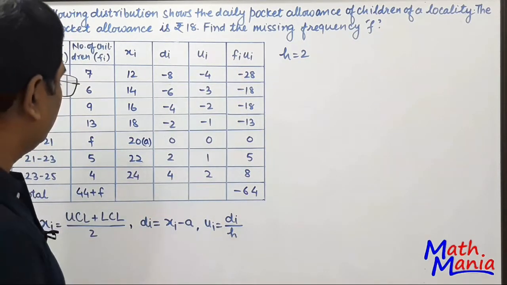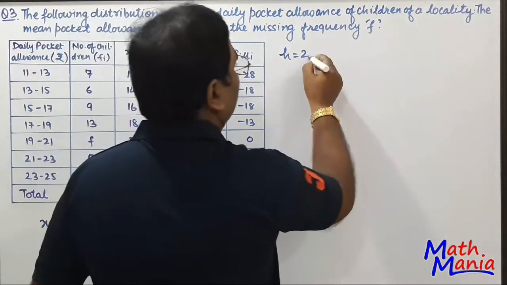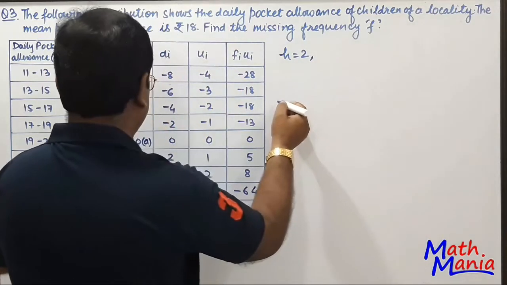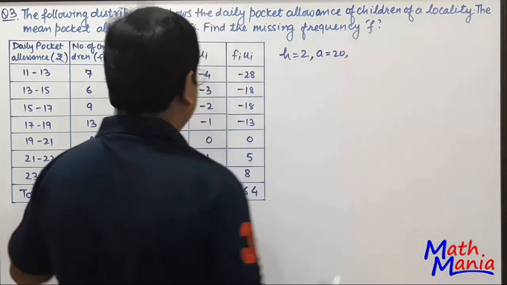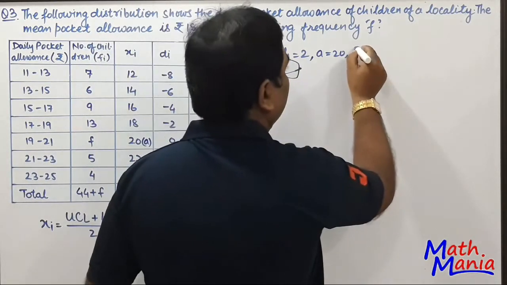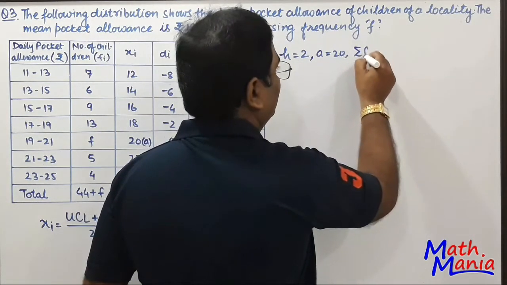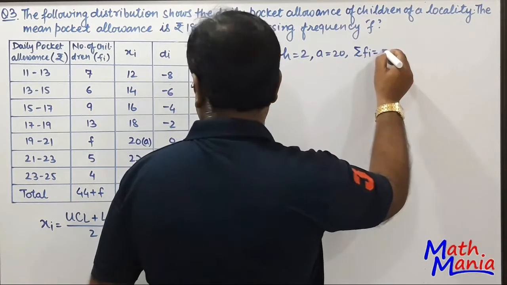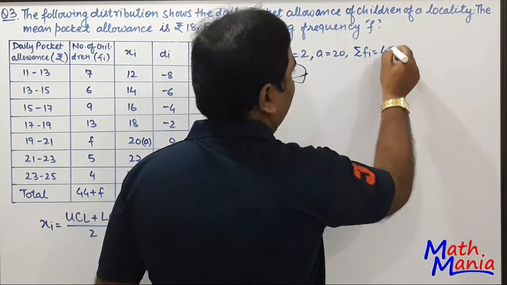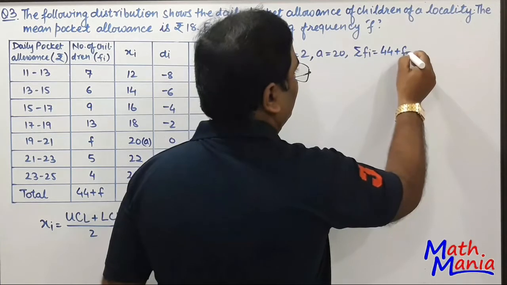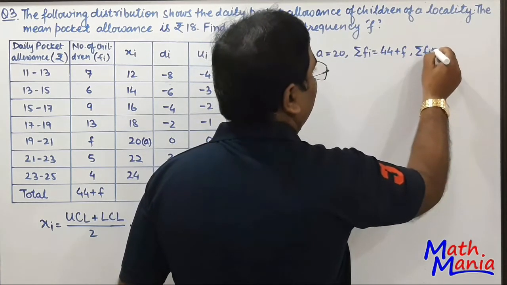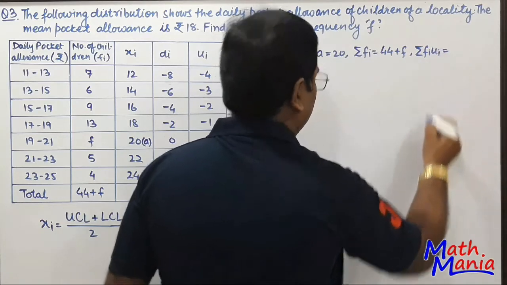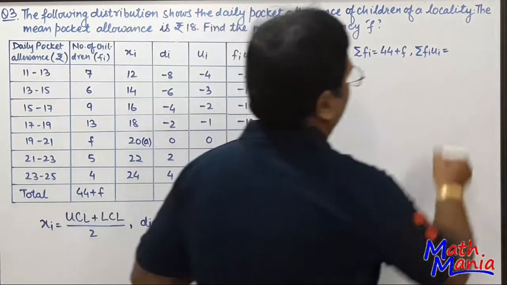So let us write down all the values. h is 2, a is 20, sigma fi is equal to 44 plus f, and sigma fiui is equal to minus 64.